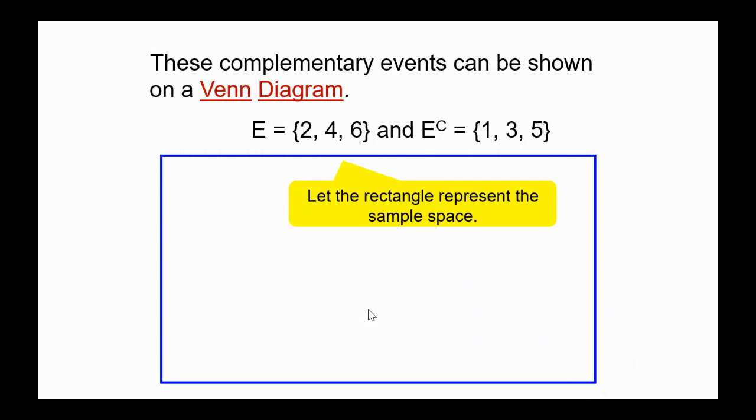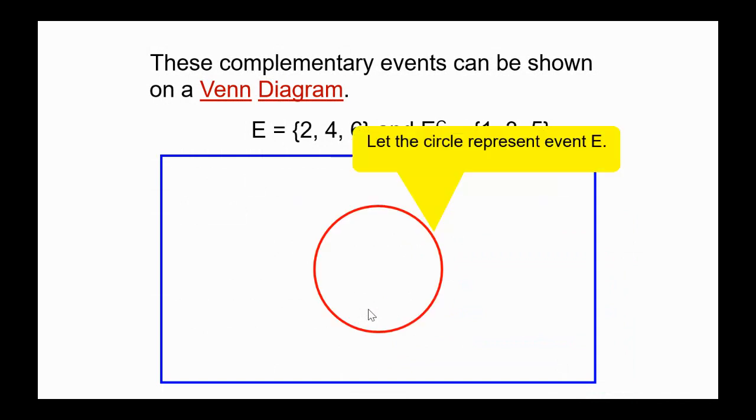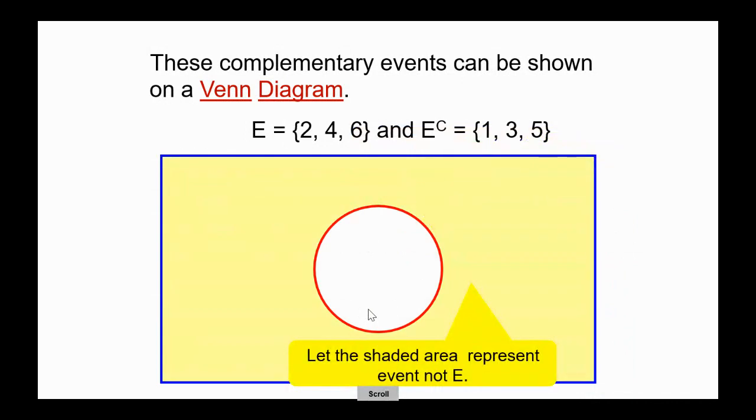So if we let the rectangle be the sample space, like we said earlier, then I would need to draw a circle to represent E. And the shaded area is the event not E. Well, if y'all are like me and you don't want to waste a ton of ink or pencil lead or highlighter or whatever you're using, you don't have to shade this.